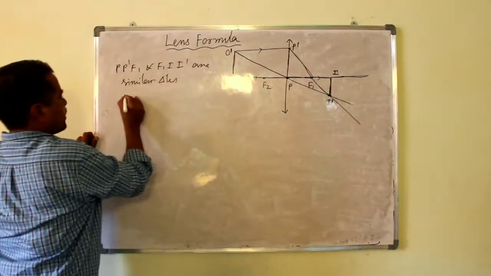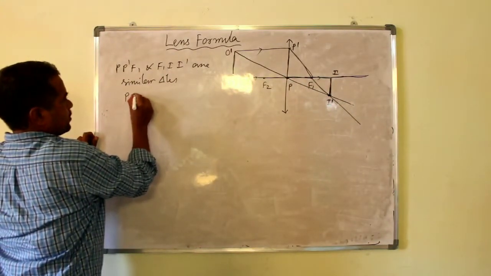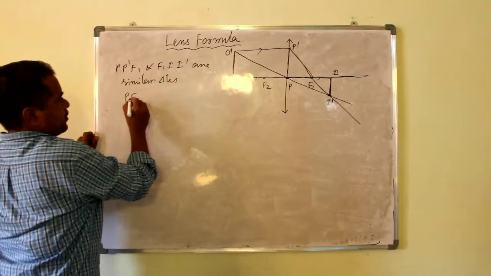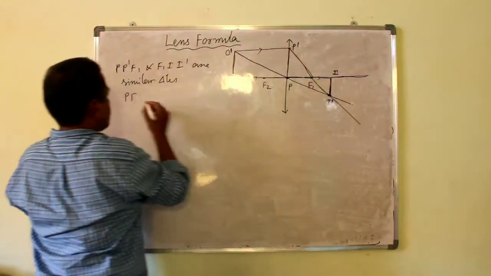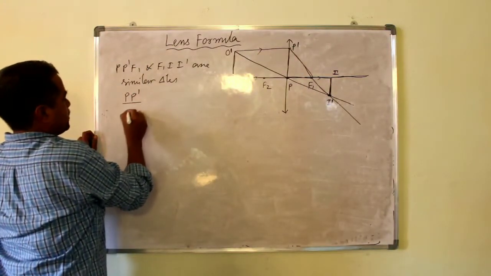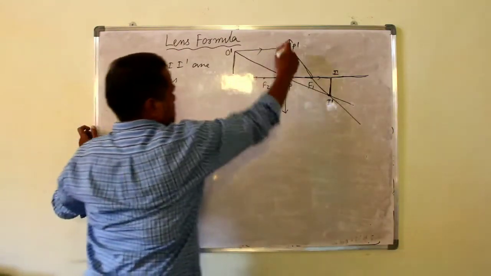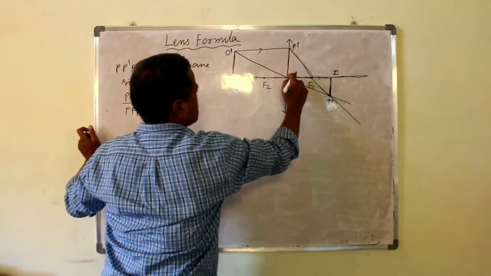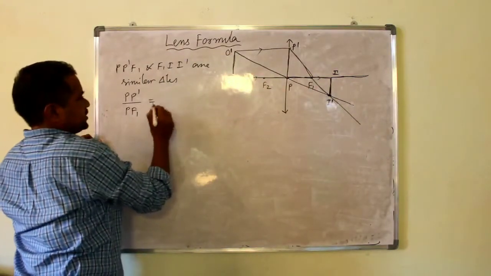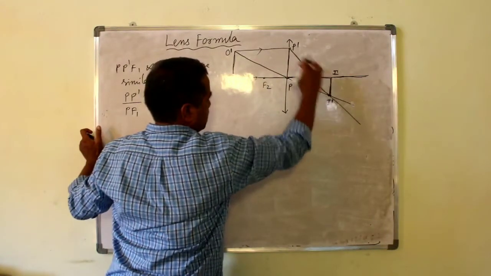So the ratio PP' by PF1, in this triangle, PP' by PF1 is equal to the corresponding sides.